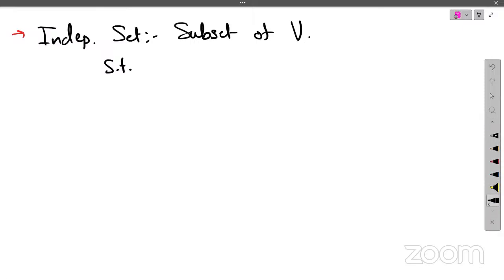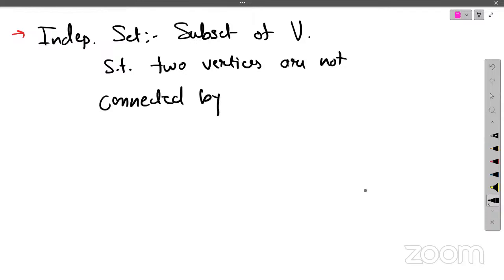That means two vertices are not connected by a direct edge, by a single edge. Such a set is known to be an independent set.